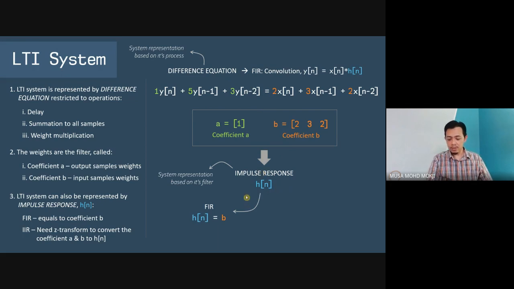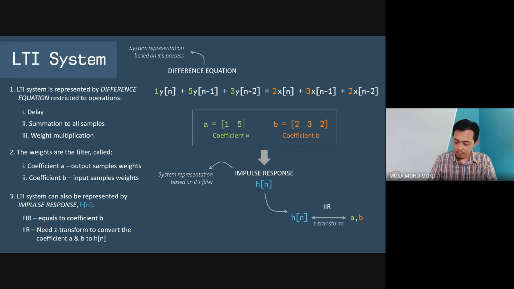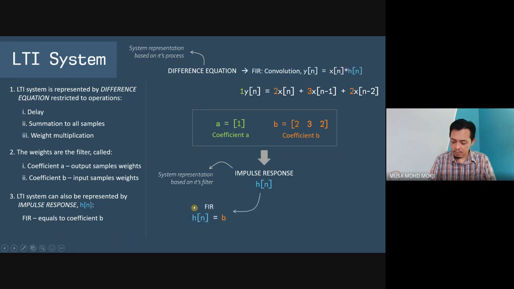We already know that for FIR, our impulse response h[n] is actually equal to b. For FIR, the a is actually equal to 1. So h[n] equals b, and a equals 1. That's why we only have y[n]. We don't have other output sequences.